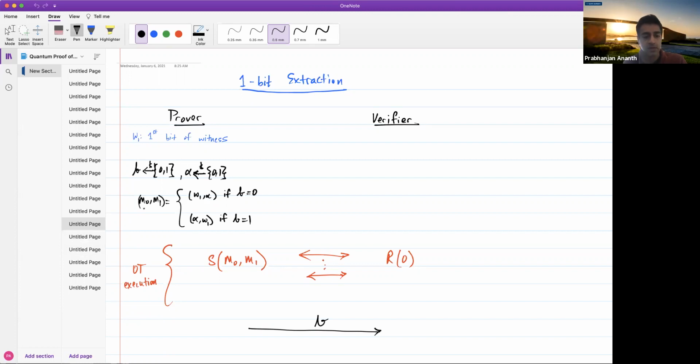And then it's going to assign M0, M1 to be W1, alpha if B is 0. In other words, it puts W1 in the first position if B is 0. If B is 1, it puts W1 in the second position and alpha in the first position.